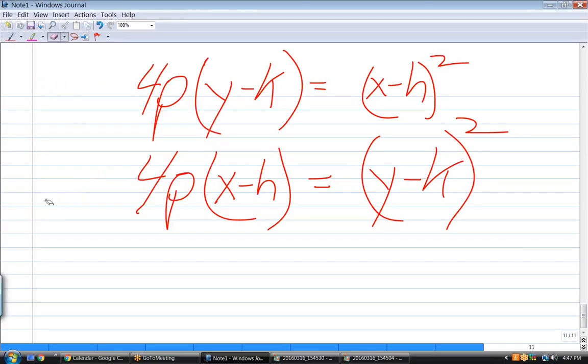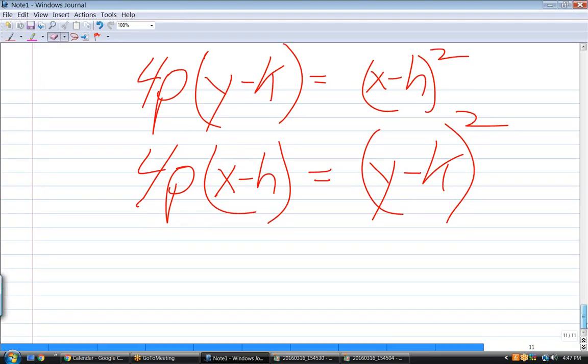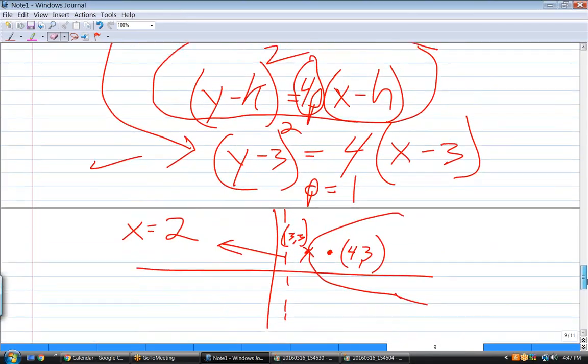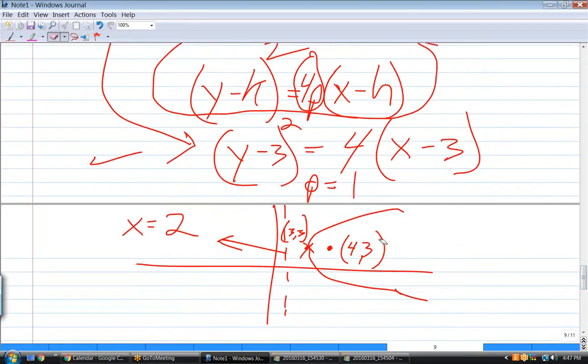All right. And if you end up with a positive or a negative p, that merely means which direction you go. In our case, everything was positive, so I knew that p was to the right of the vertex.